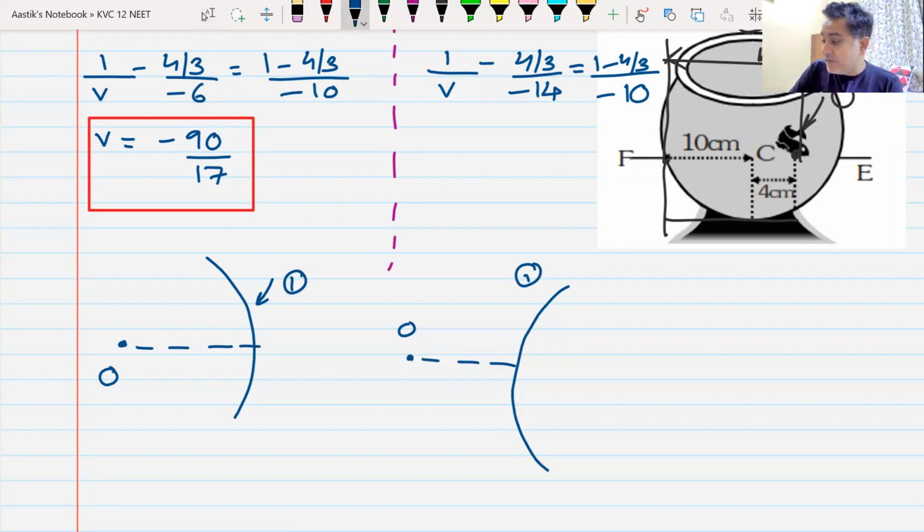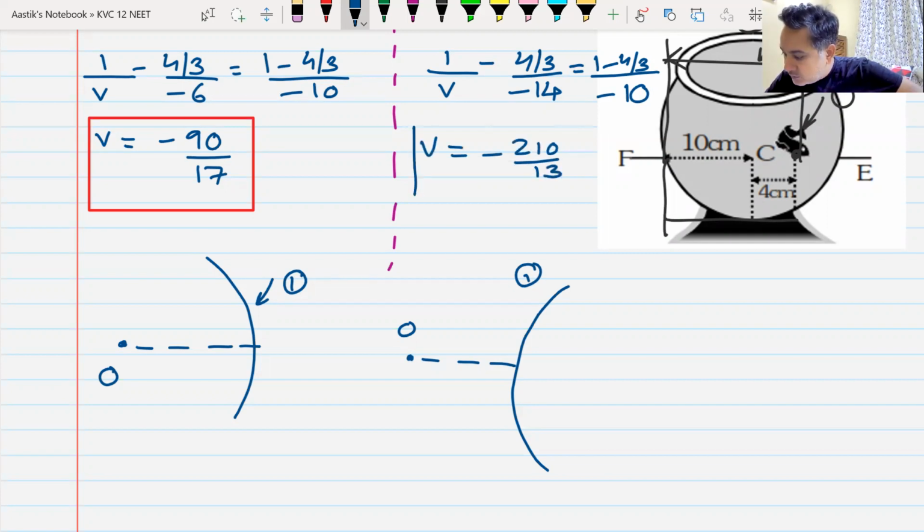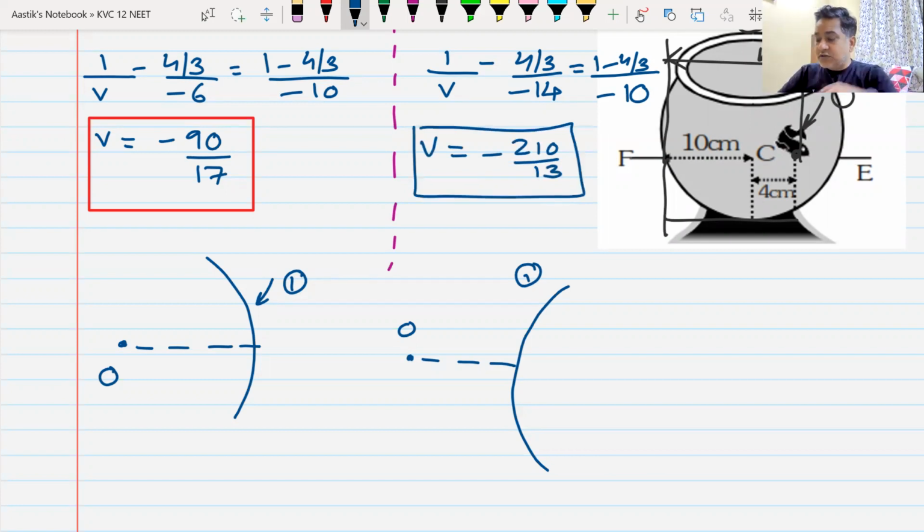Now when you put the values and you get the answer, I think you will get V equal to minus 210 by 13. That is the reason, beta, I have asked you to do the question yourself so that you understand what mistake you are going to make. I hope you understand this.